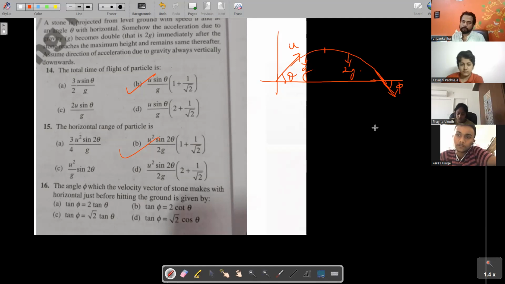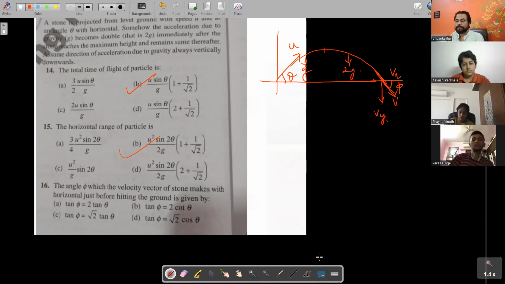Now you can see that we know that in projectile motion, the horizontal component always remains constant. So suppose here the velocity is v. It will have two components, vx and vy. And this is the initial component, u sin theta, u cos theta.